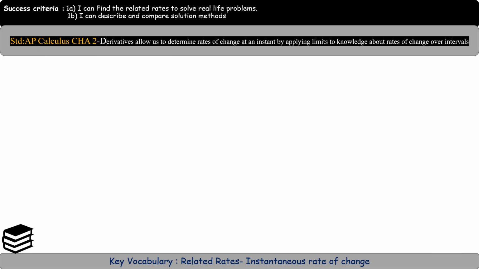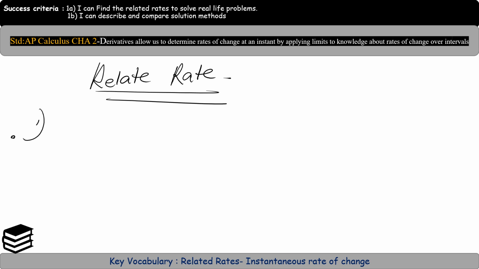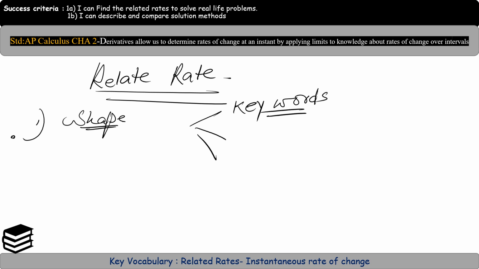Now try to understand that whenever a related rate question comes in front of you, the first thing is to write down which shape they are talking about. After that, underline the keywords and try to find out the main quantity they are talking about.